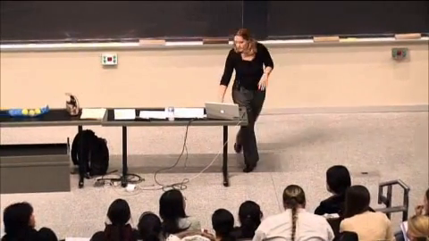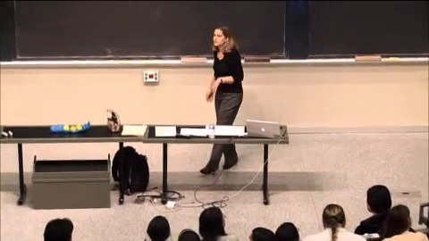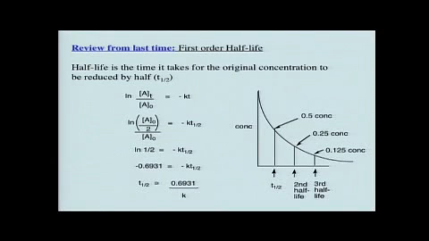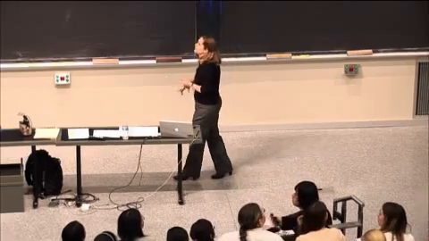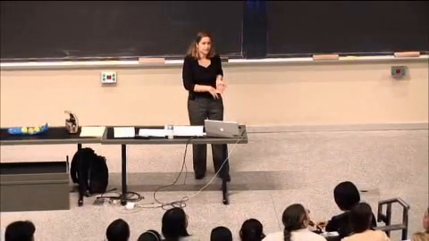All right, so just a little review from last Wednesday. We talked about first-order kinetics. We came up with an integrated first-order rate law. And we also talked about half-life.